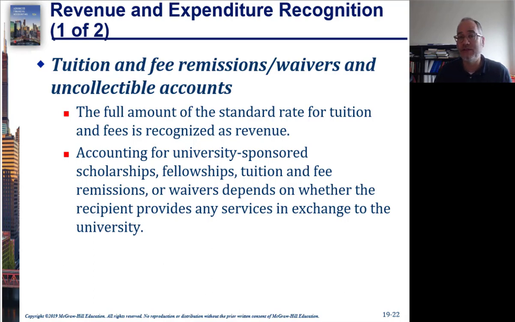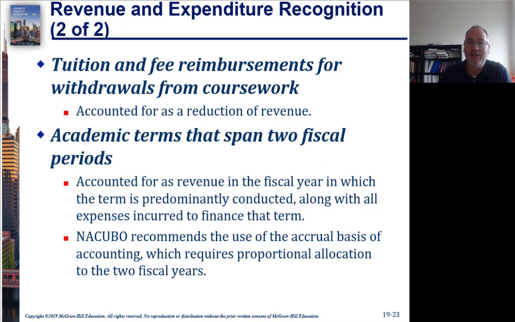Now, sometimes there's also work study. Work study would also be deducted from revenue, but as a separate item, because it's really an expense, because the student is providing a valuable service to the university. That means you, Joa. Tuition and fee reimbursements for withdrawals also count as a reduction in revenue.